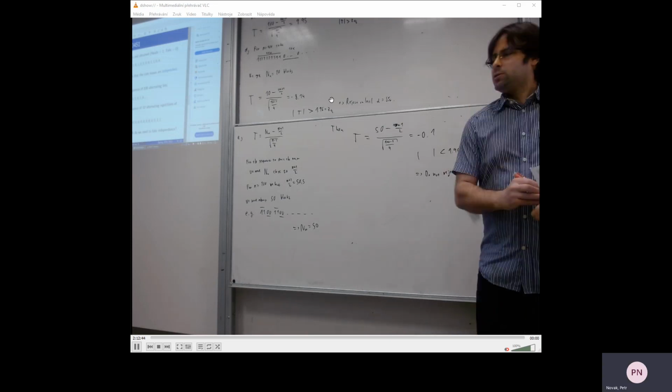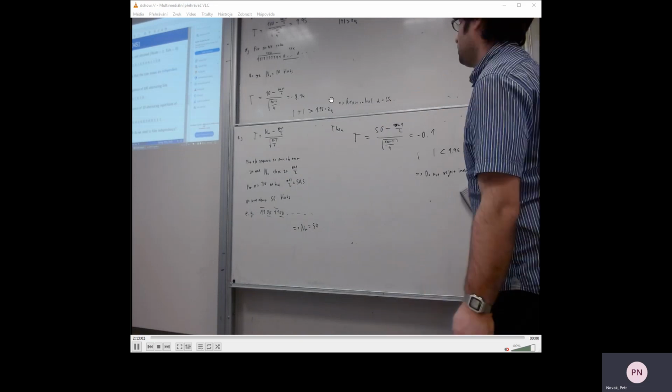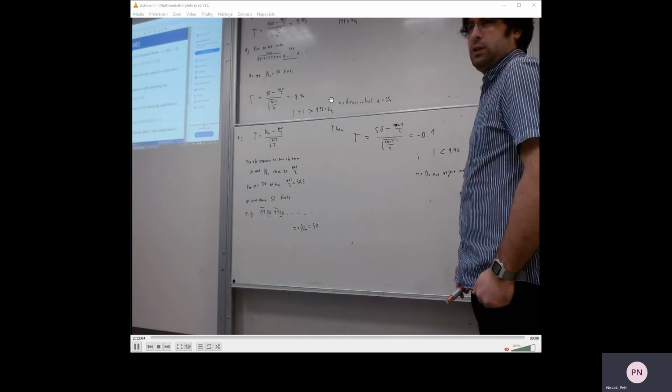So even if this sequence is completely deterministic, 1 1 0 0 1 1 0 0, where if you have 2 bits, you can immediately say what the rest of the sequence is going to be, this test is not able to find this.